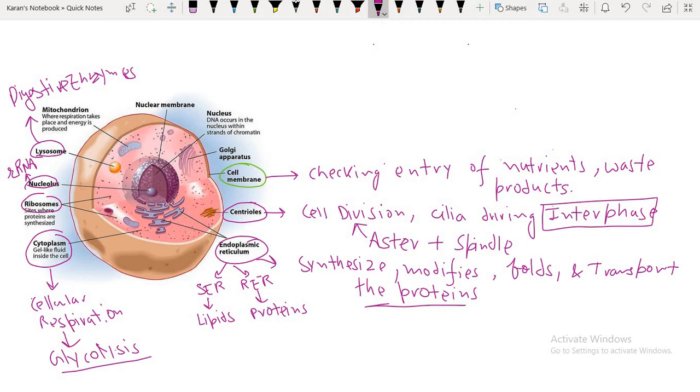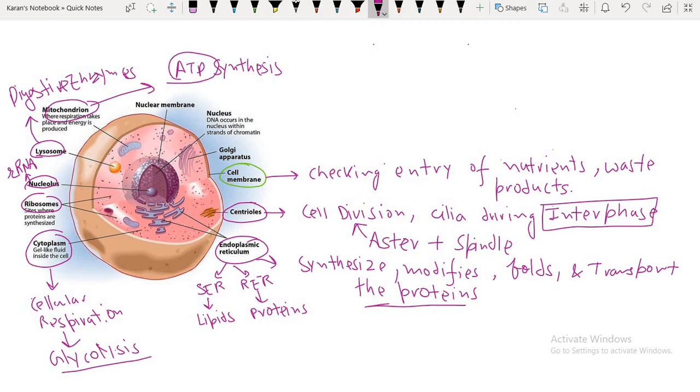Moreover, it also destroys the invading viruses as well as bacteria. Then you can see the mitochondria, which is known as the powerhouse because it helps in ATP synthesis, right? So the energy produced in the mitochondria is stored in the bonds of ATP. So this is again a very important organelle.